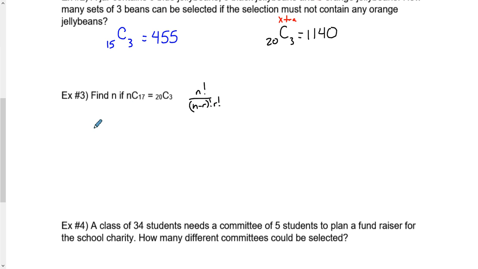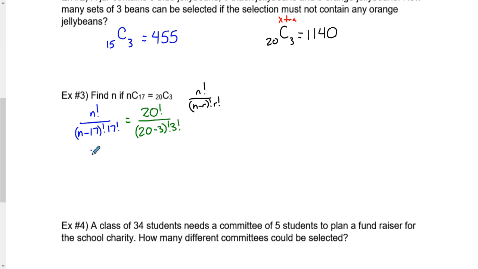So on the left-hand side, we'd have n factorial over n subtract 17 factorial, 17 factorial. And it has to equal 20 factorial over 20 subtract 3 factorial, 3 factorial.